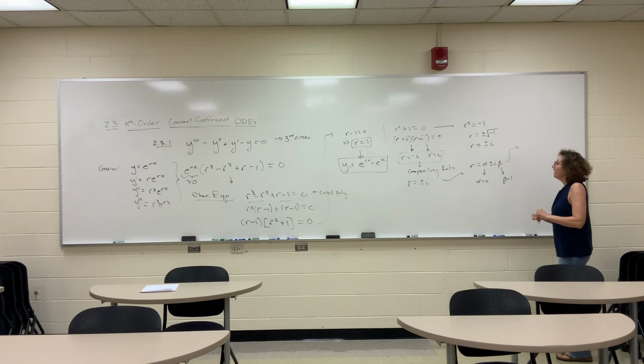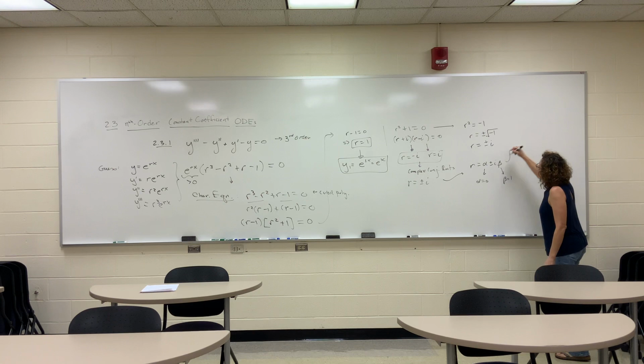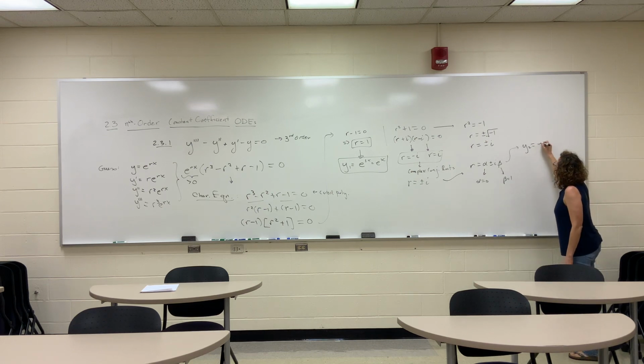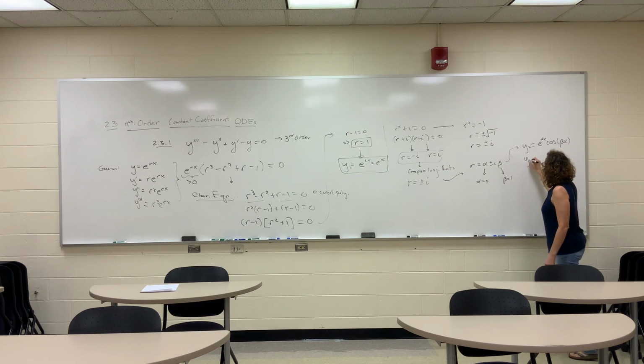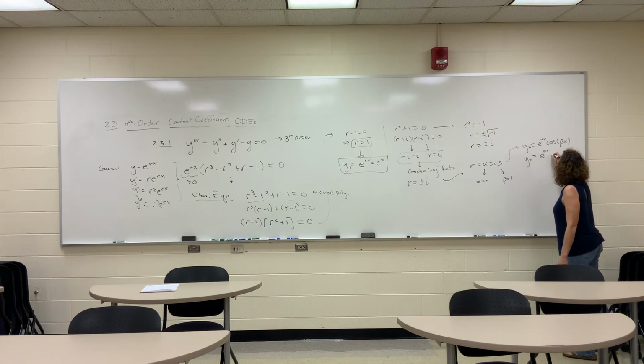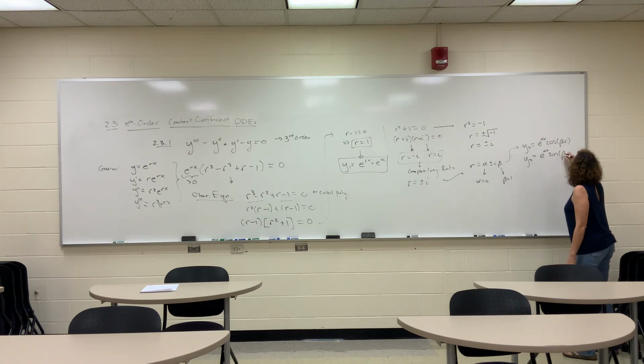We went through a lot of work to show that this guy will correspond to one function, we'll call it y2 since we already have a y1 there, that would be e to the alpha x cosine of beta x, right? And then another function, y3 we'll call it, which would be e to the alpha x sine beta x.